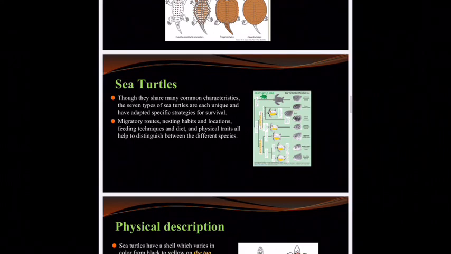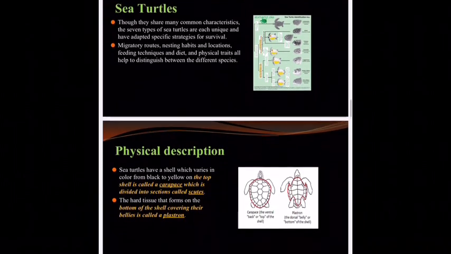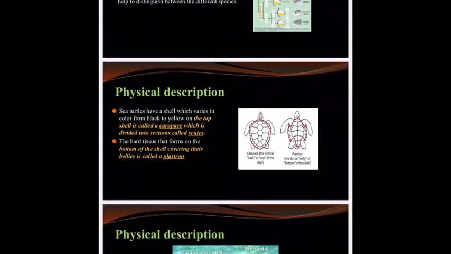All right, a lot of things are still in common with organisms that were around back then. Their migratory routes, their nesting habitats and locations, their feeding techniques, their diets, all of those physical character traits that distinguish them from one species to the next. Those are all still around. So let's talk about some of these things. Okay. Sea turtles have a shell that varies in color. It can be black all the way to yellow. Now this top shell is called a carapace, and it is divided into little sections called scutes.